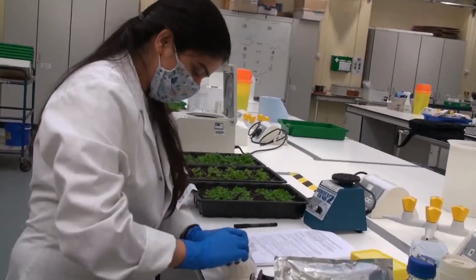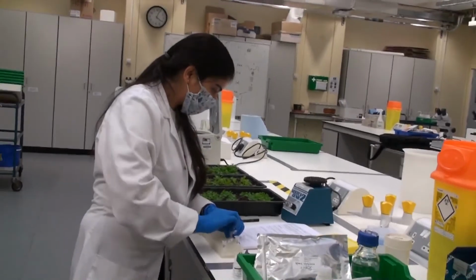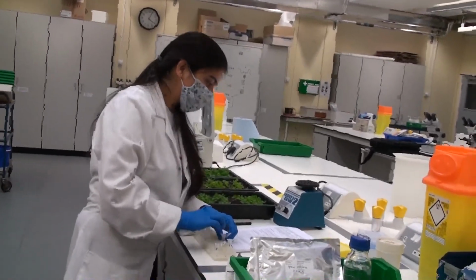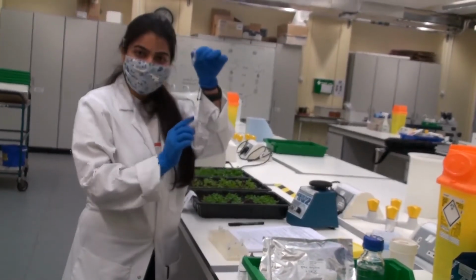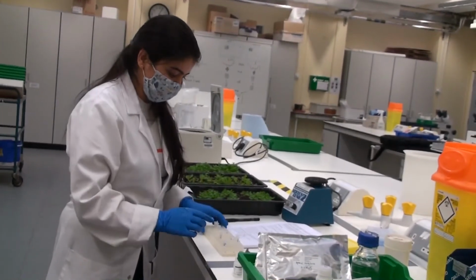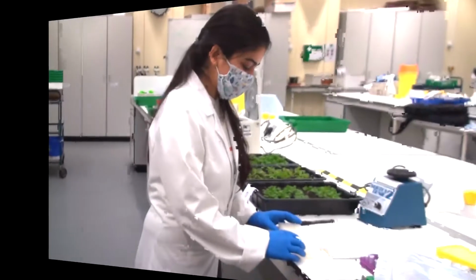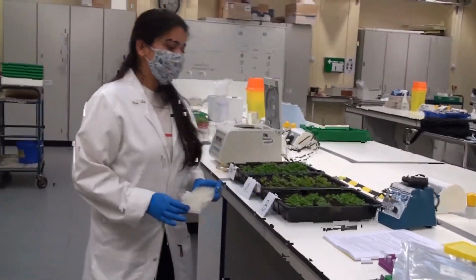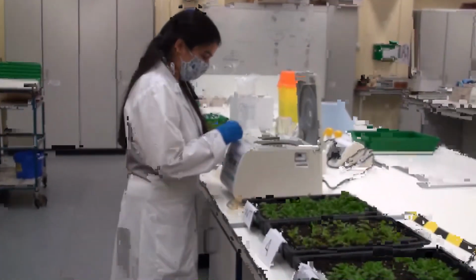Now we'll incubate at room temperature for 5 minutes, and then we'll centrifuge at 8000 rpm for 1 minute, and then our DNA will be eluted into the 1.5 ml tube. So yes, we waited for 5 minutes. Now it's time to centrifuge and elute our precious DNA.